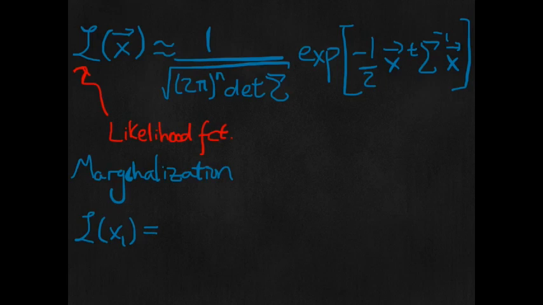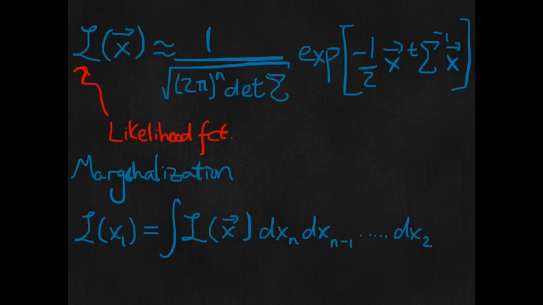And I can figure out the probability distribution for just this one variable by integrating this higher dimensional probability distribution over all the other variables, all the way from dxn, dxn minus 1, and so on, all the way to dx2.